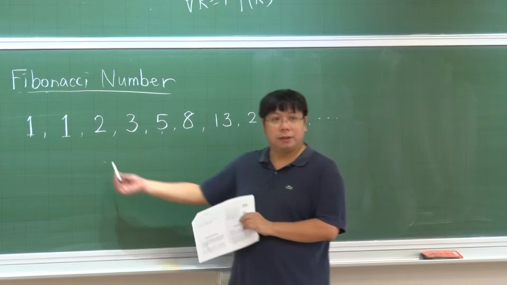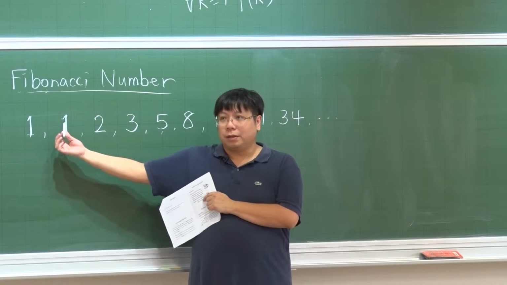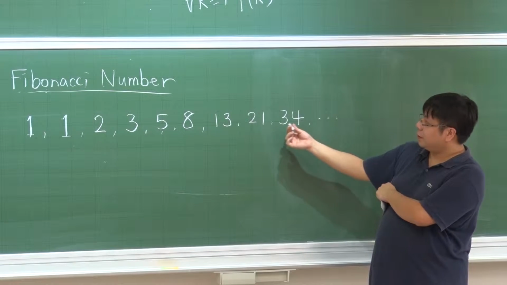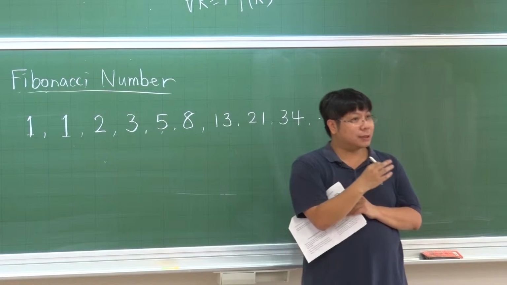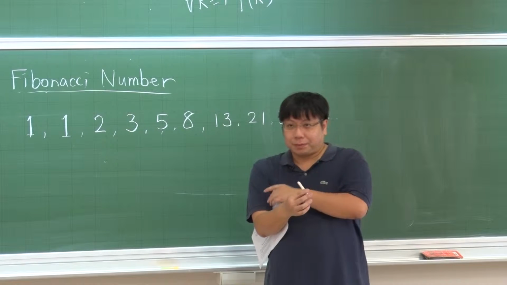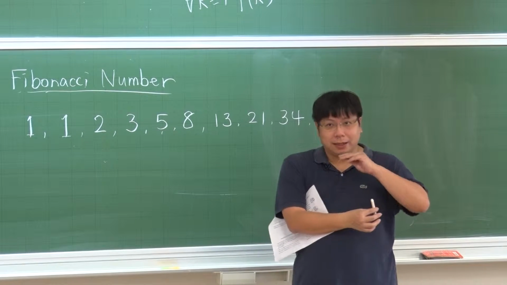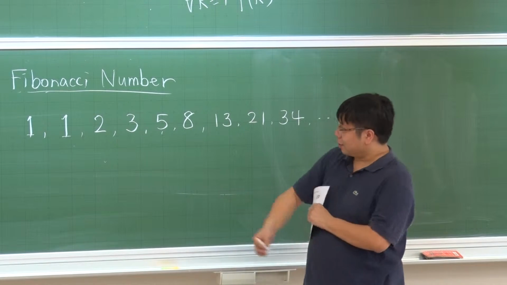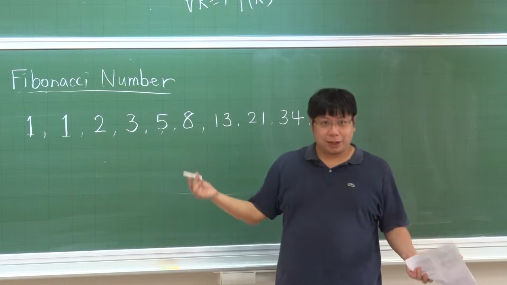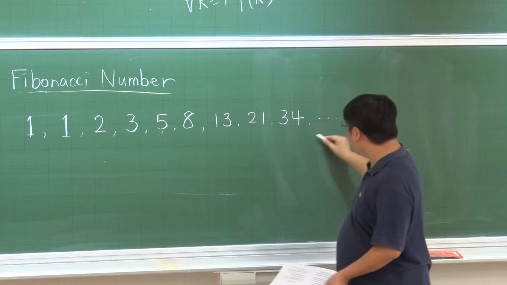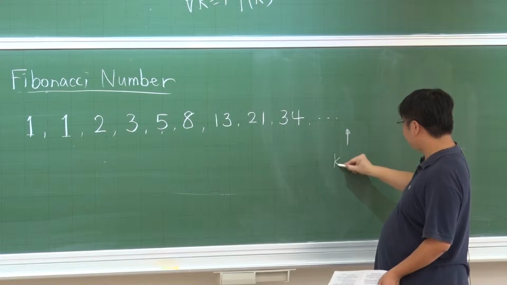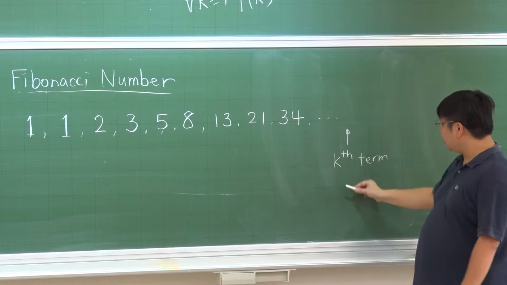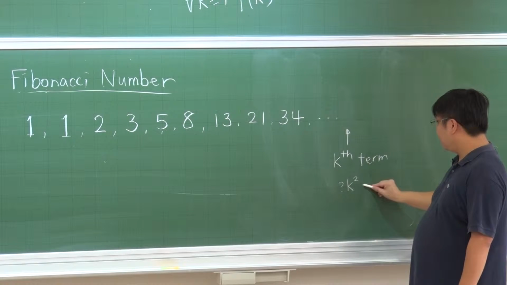So first of all, this number is growing. It's always increasing, of course. But are they increasing linearly or quadratically or what? If we say some number is increasing quadratically, it may be like the k-th term being close to some number times k squared plus some number.